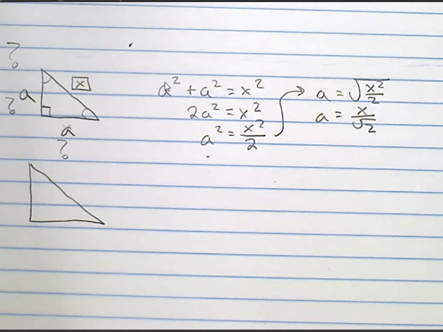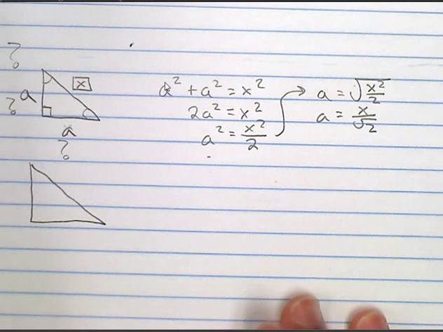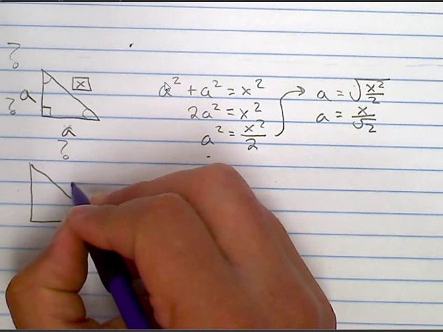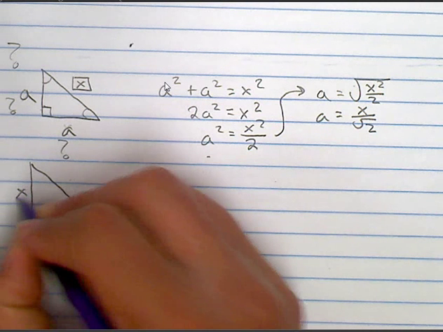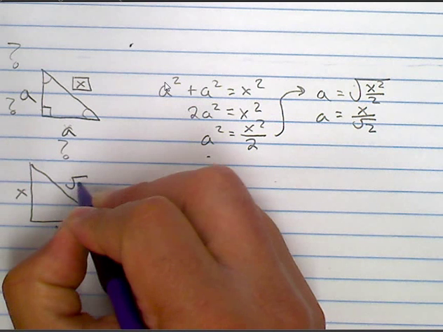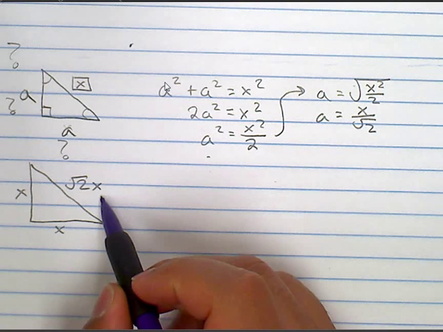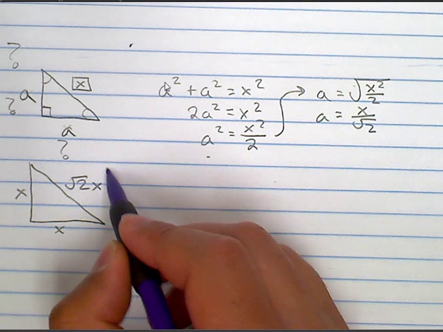If you know your 45, 45, 90 rules, you could say we know that this is x, and this is square root of 2 times x.